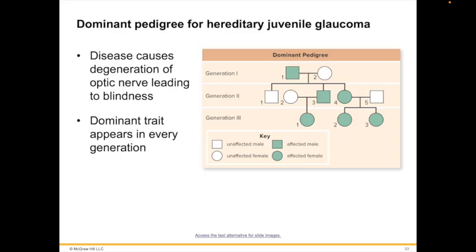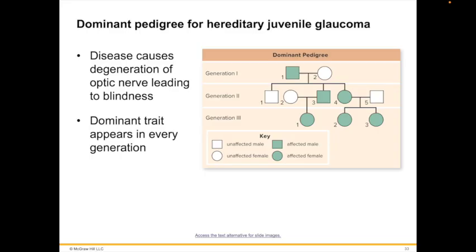An example of a dominant pedigree for juvenile onset glaucoma is shown in figure 13.10. And that is being shown here now. This is figure 13.10. One feature that is immediately obvious is that the trait tends to appear in every generation, and affected offspring always have at least one affected parent.